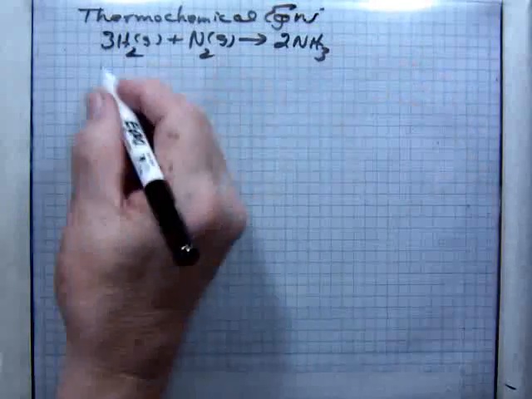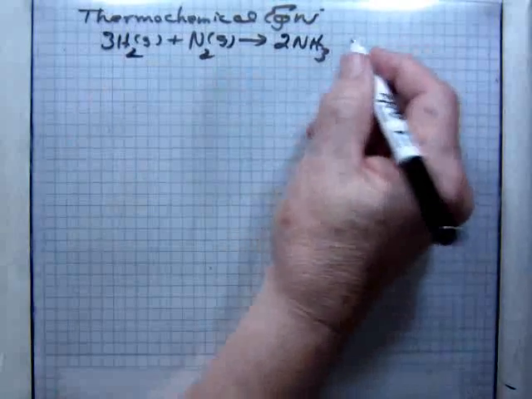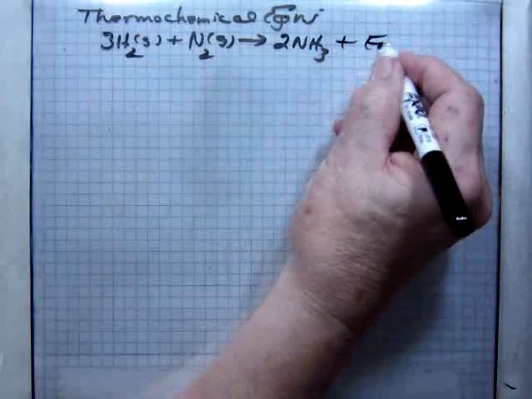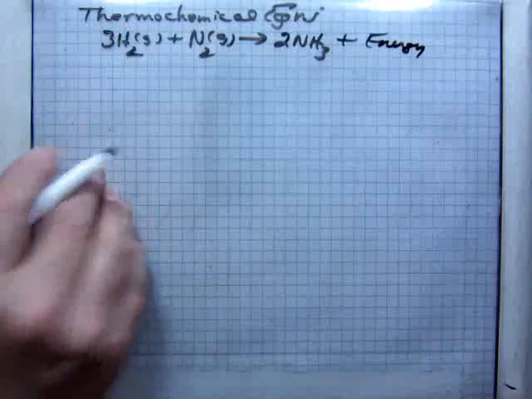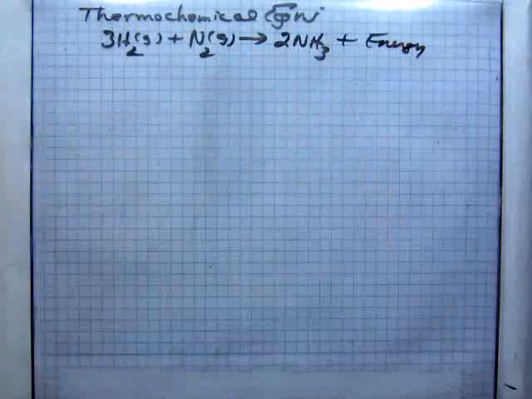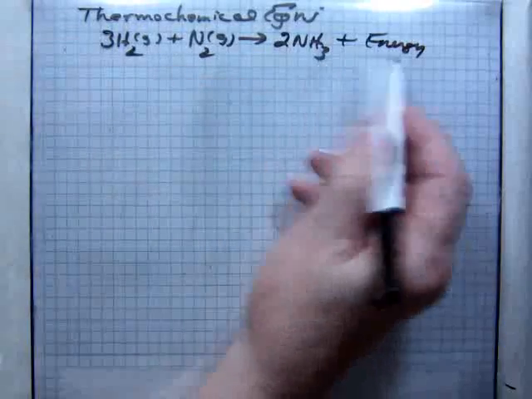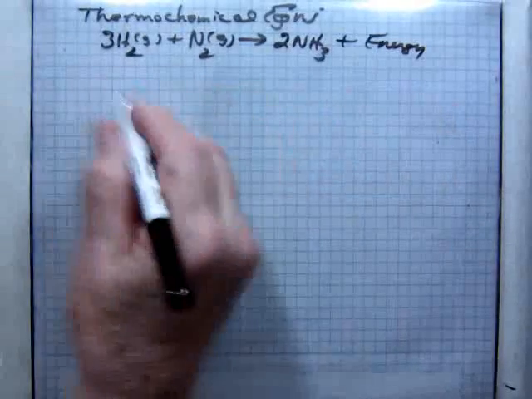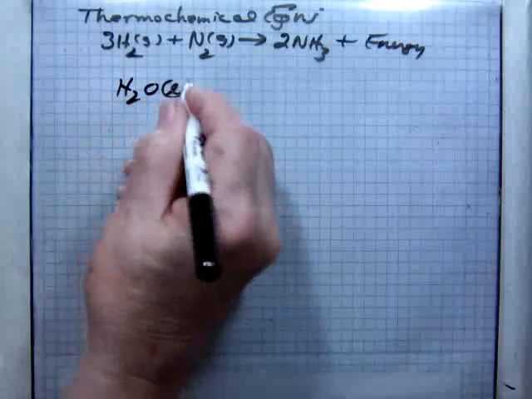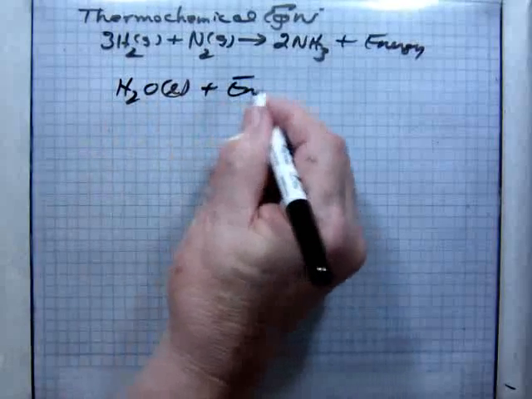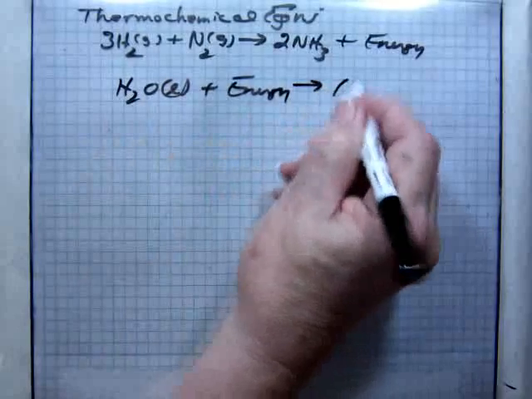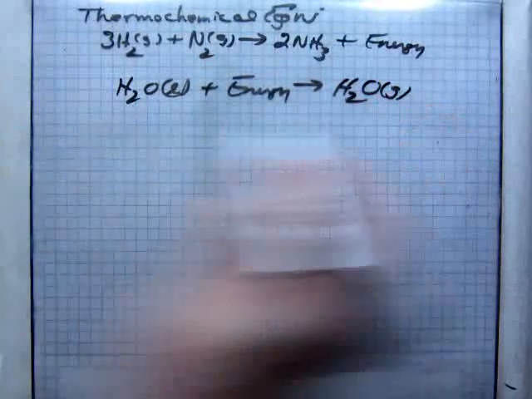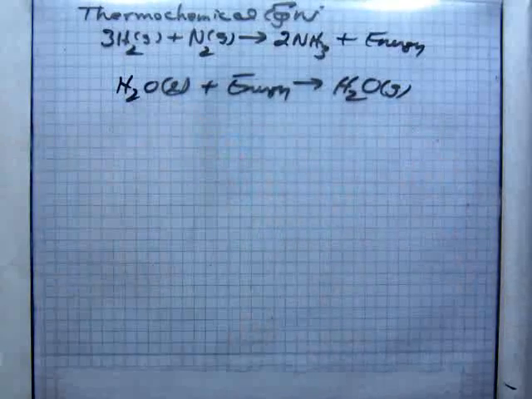Okay, so this particular reaction is exothermic, so it gives off heat. But some of them will absorb heat. And notice I put the energy on the right side. Well, I can give it to you. H2O as a liquid requires the input of energy to go to gas phase, evaporation, and that kind of thing. These have more energy than the liquid particle.